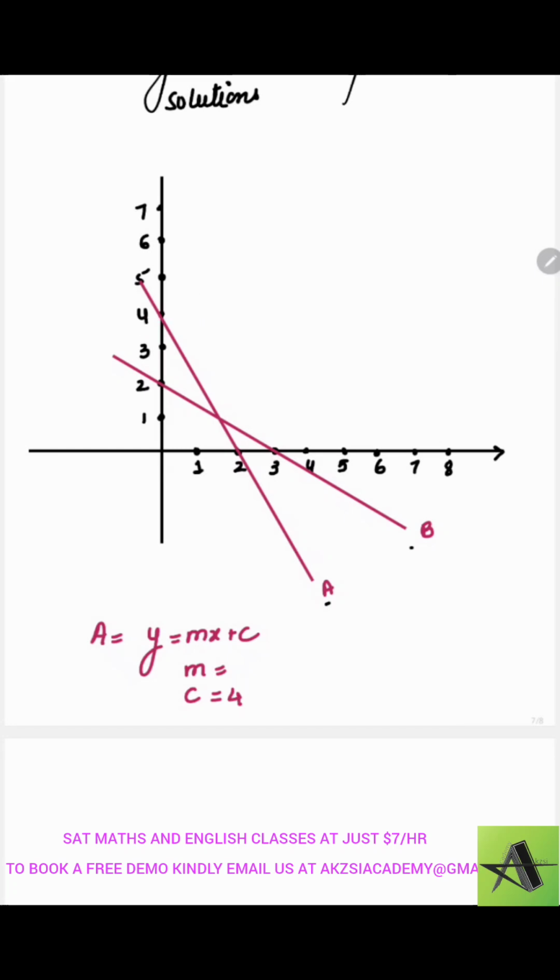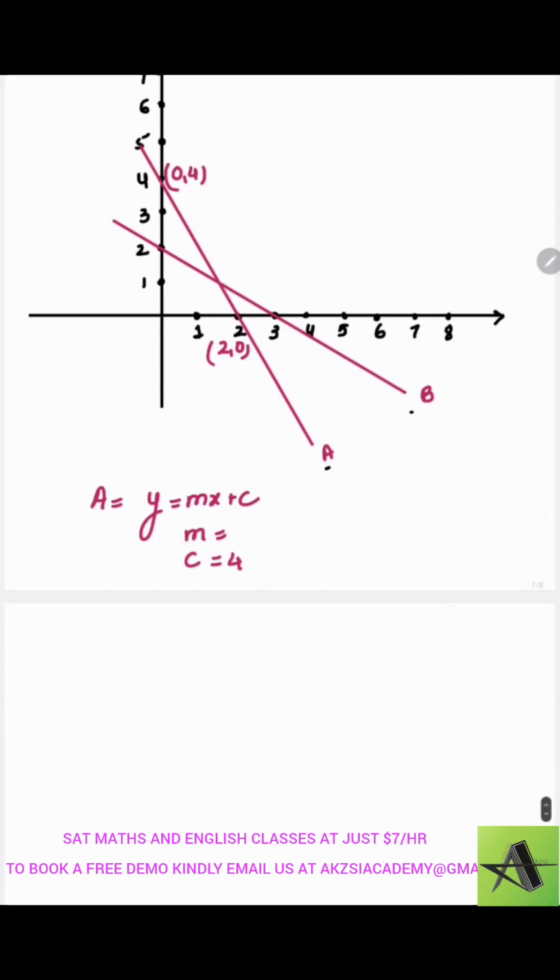Next, we have to find the gradient. Gradient is change in y over change in x. This is (0, 4) and this is (2, 0). The formula to calculate gradient is y2 minus y1 over x2 minus x1, change in y over change in x.